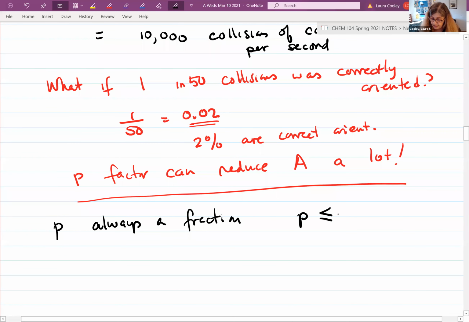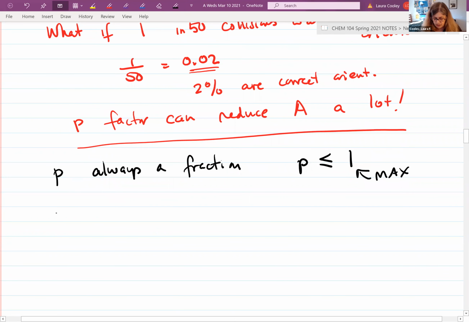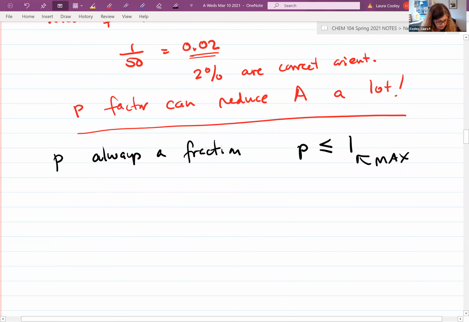It's always less than or equal to 1. 1 is the maximum. So I'd like to ask the question, when could it possibly happen that all collisions would be of the right orientation? When would there be no incorrect collisions?